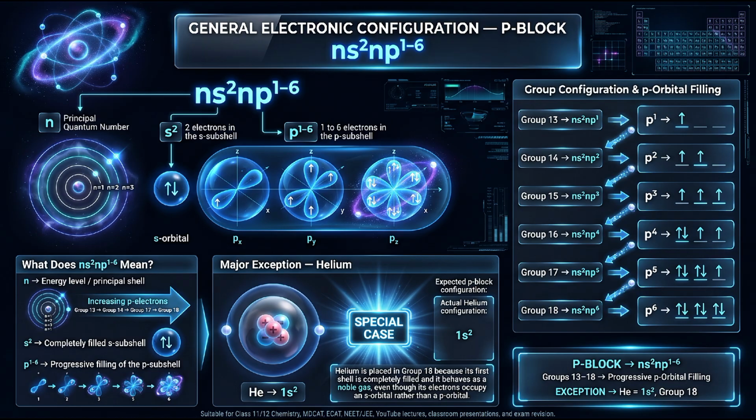The px orbital is oriented along the x-axis, the py orbital along the y-axis, and the pz orbital along the z-axis. Each of these orbitals can accommodate a maximum of 2 electrons. Therefore, 3 p orbitals multiplied by 2 electrons per orbital gives a total capacity of 6 electrons. This is the fundamental reason why the p-block contains 6 groups, from group 13 to group 18.